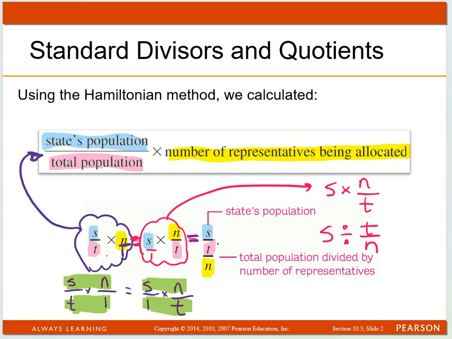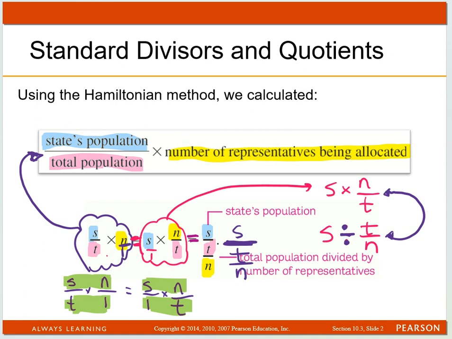Most of the time you go backwards: you change division to multiplying by the reciprocal. They just did the flip of that. They went from multiplying to dividing by the reciprocal, which works. They're the same value either way you look at it. And instead of using this division symbol, they've got S divided by T over N. That's what they wrote here.